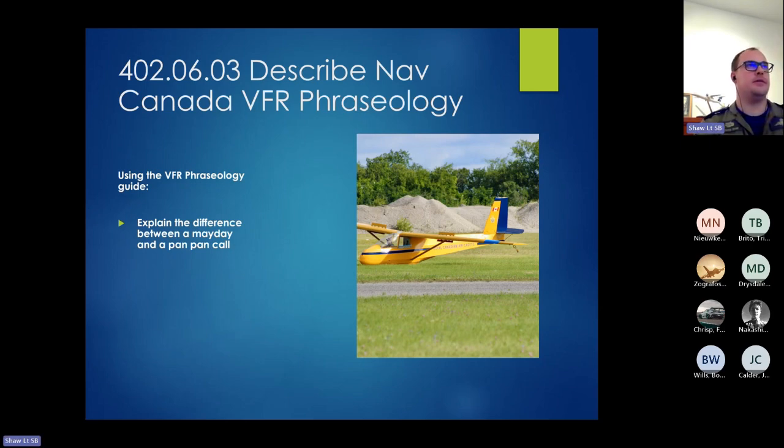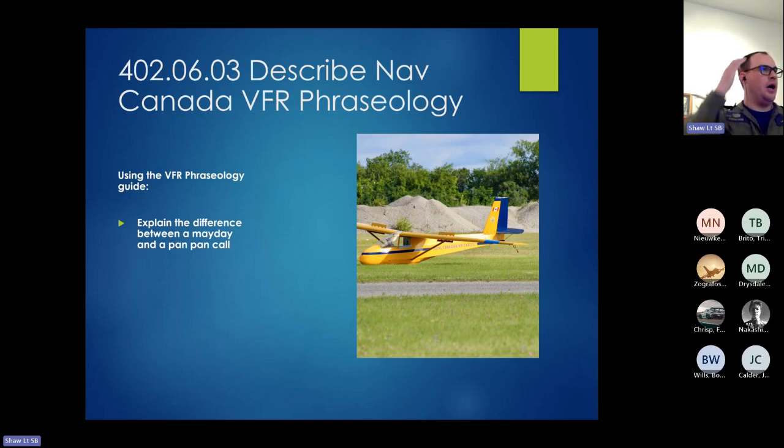Brito, go ahead. A pan-pan is when it's an emergency situation, but it doesn't require immediate assistance. Yeah, okay, I'd buy that. Sure, so we got an answer in the chat. Nakashima: Mayday's an immediate emergency situation, while pan-pan is more of a concern that is not as significant as a Mayday. Yeah, exactly. So you're both on the right track there for sure.